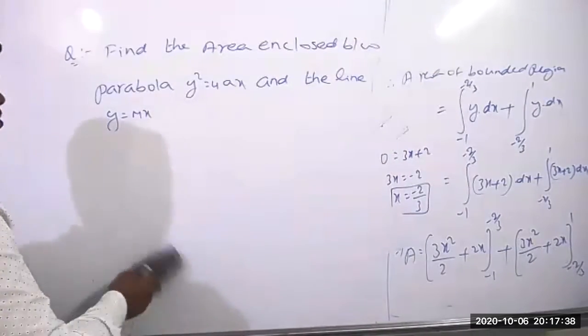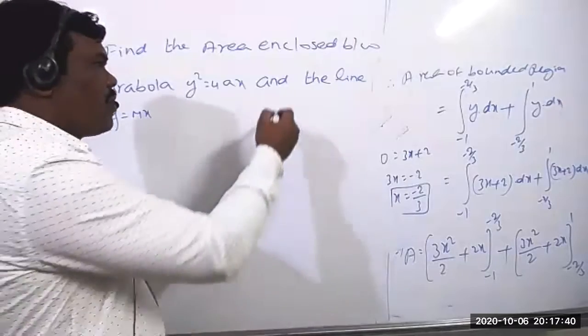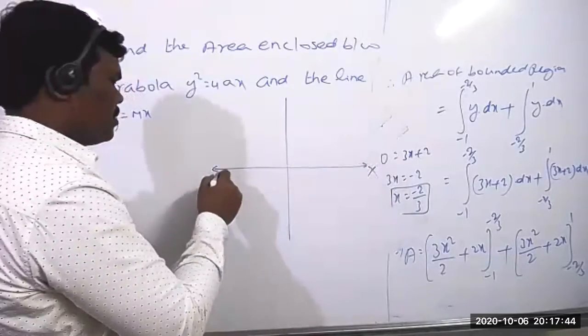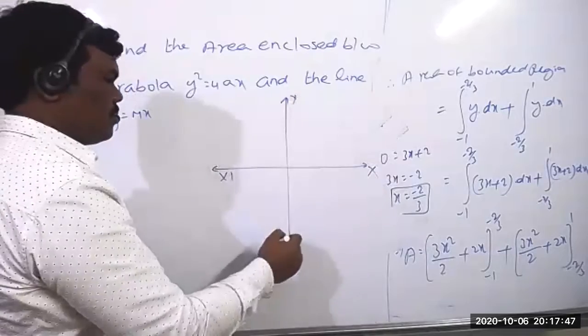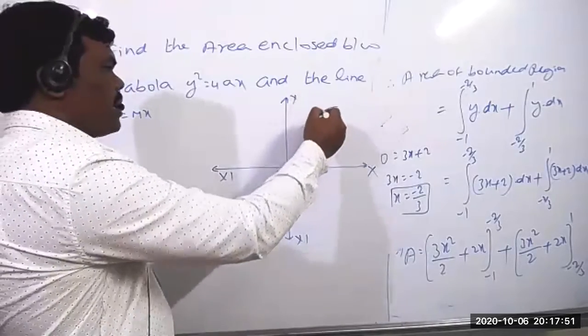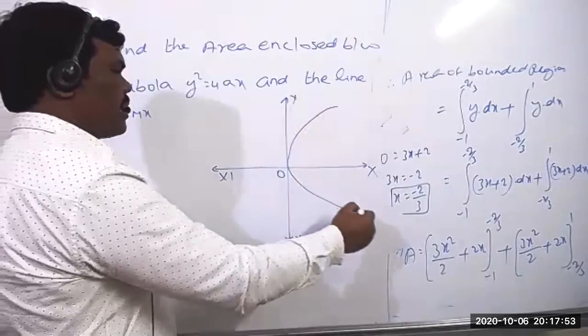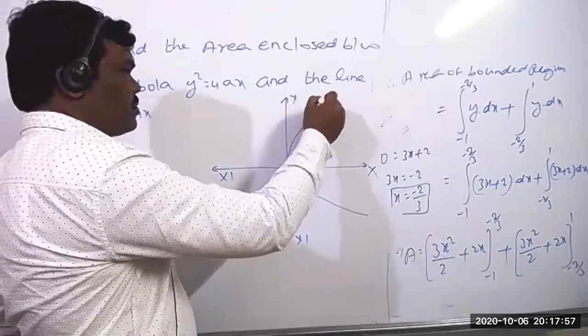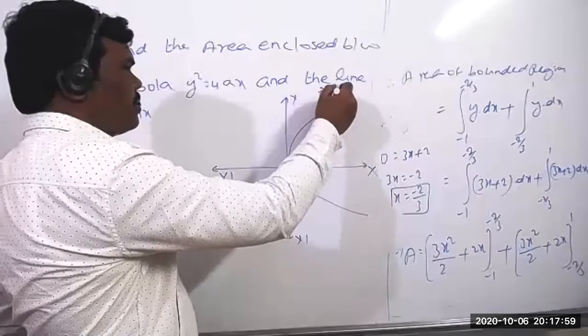First you can draw the graph now. If you take y square equal to 4x, how will the graph be? Y dash on the origin. So y square equal to 4x, the graph will clearly look like this. You can mention this as y square equal to 4ax.